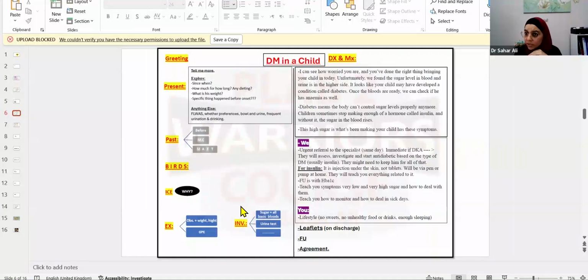No, it's something called insulin, and usually it's an injection, by pen or pump. Well, doctor, for how long should he take this medication? Well, to be honest, usually in these situations, the treatment will be for life.